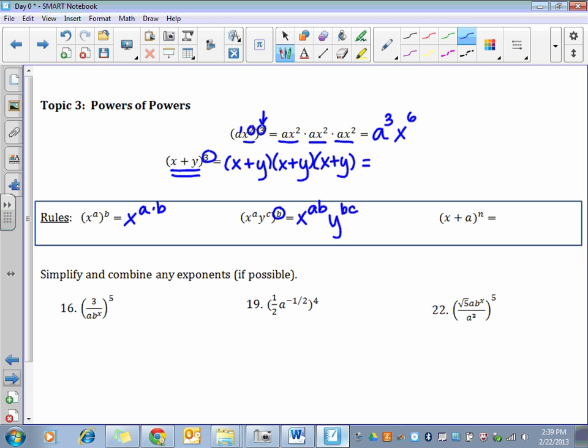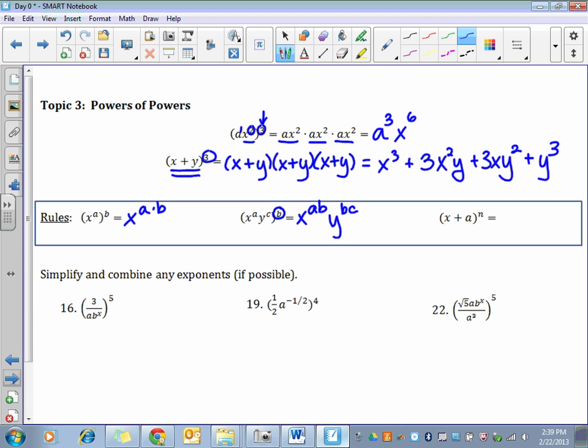I would have to look at my binomial theorem, as we learned from last unit, and actually FOIL out and distribute this multiplication. And from the binomial theorem, I know that I will end up with x cubed plus 3 choose 1, which is 3, x squared y plus 3xy squared plus y cubed.